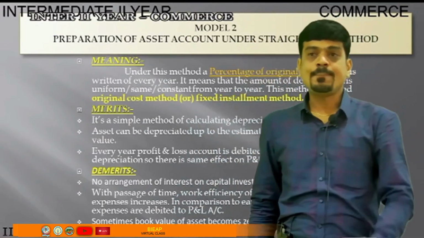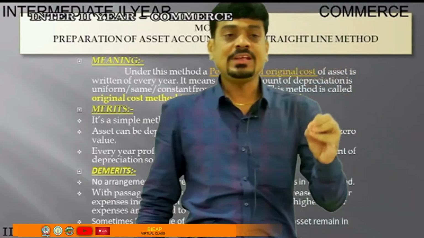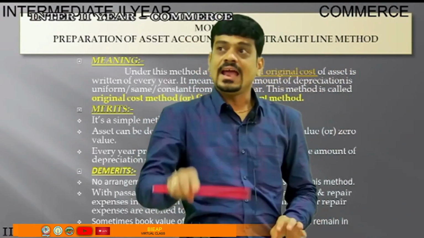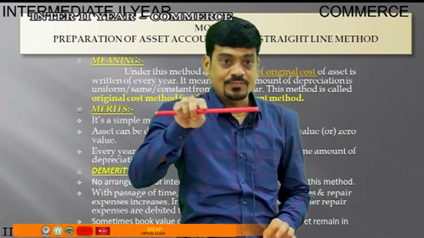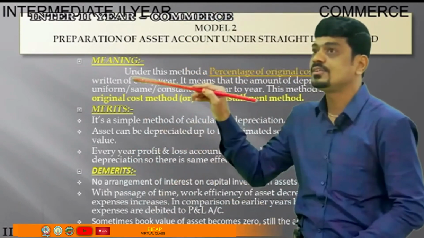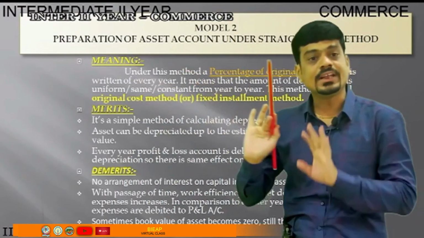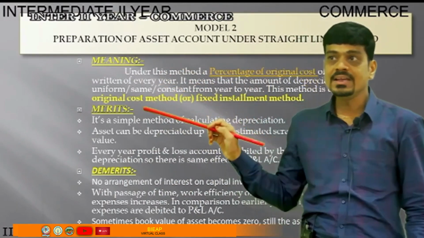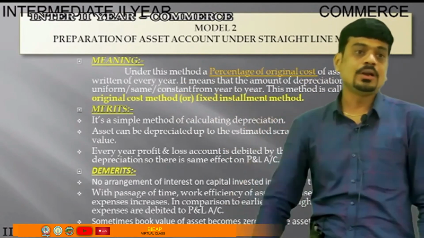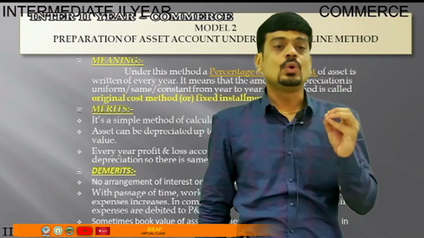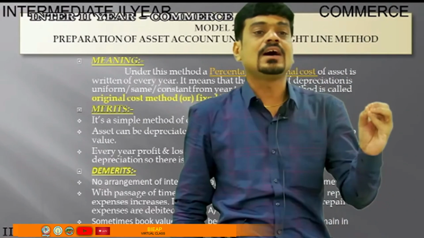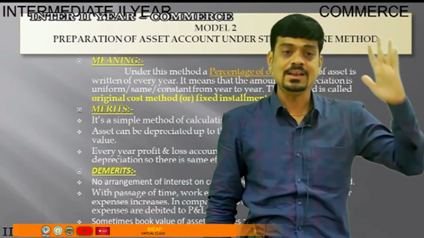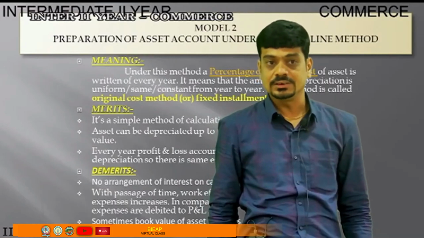Secondly, here we can depreciate the asset till its scrap value. In the sense, at the end of the life of the asset, the value of asset will become zero. That is for sure, in the sense that the asset will get exhausted. And the most important advantage is that there is going to be uniformity in the amount of depreciation which we transfer to profit and loss account every year.